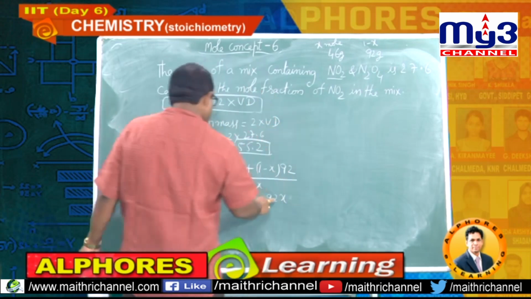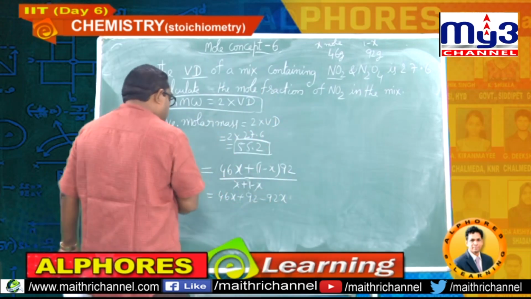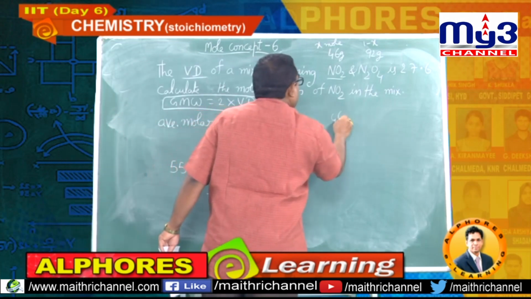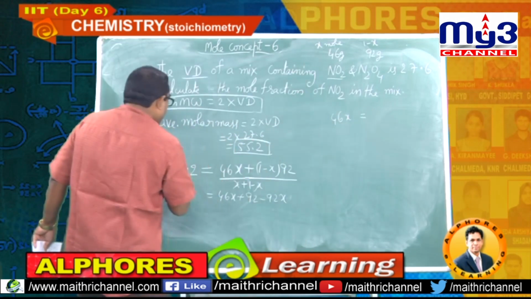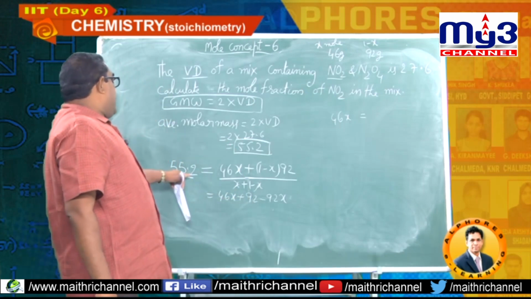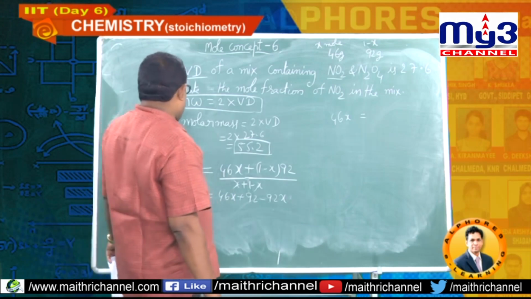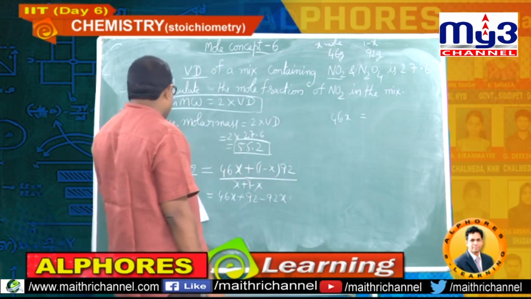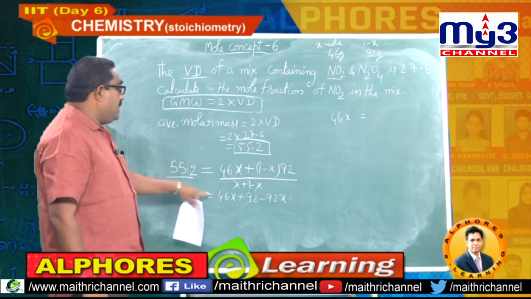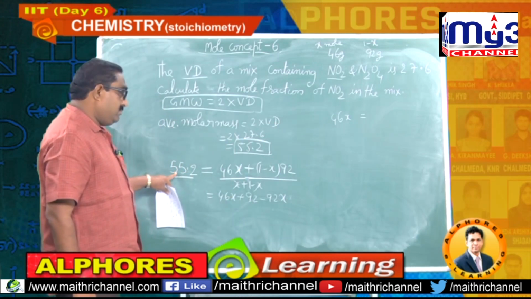If you take 46x minus 92x, that is minus 46x, take this to this side. So 46x is equal to, take 55.2 to this side, 92 minus 55.2. How much?